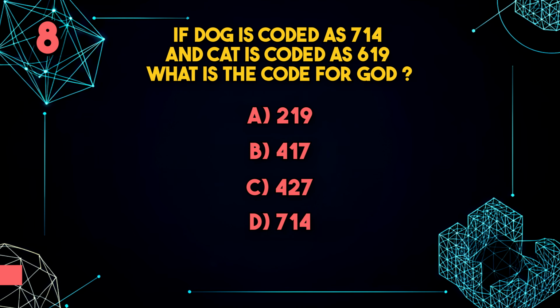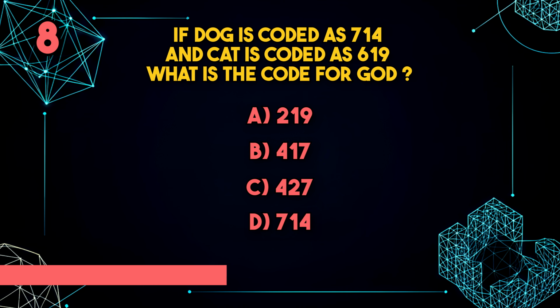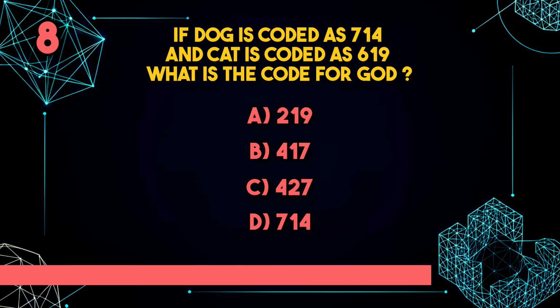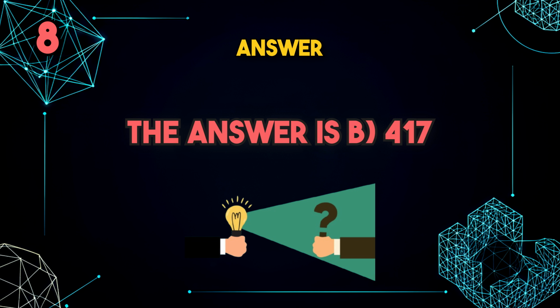If dog is coded as 714 and cat is coded as 619, what is the code for God? The answer is B, 417.